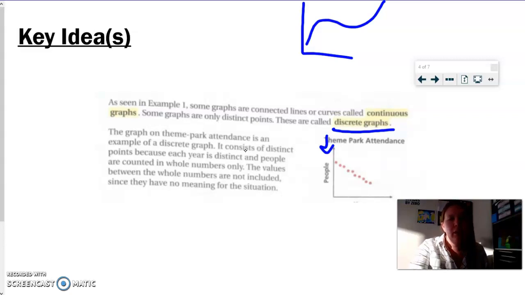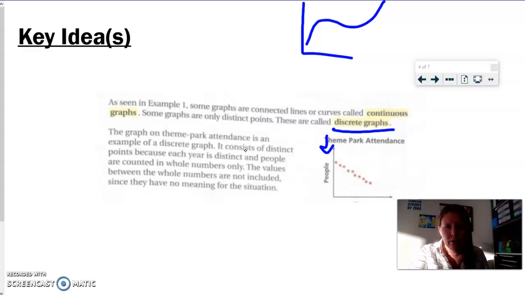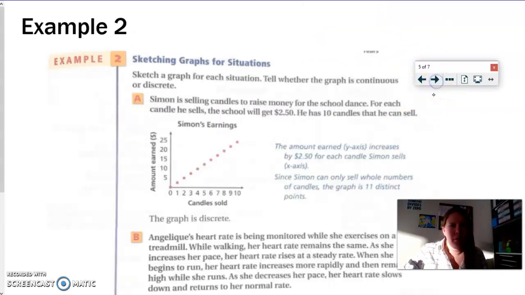The values between the whole numbers are not included, so they have no meaning to the situation. So we're not talking in between years, and we're not talking about half a person or a quarter of a person. And so that's why it's considered distinct. There's distinct points on this graph. So again, continuous is going to show an actual line. Distinct is going to have some points.